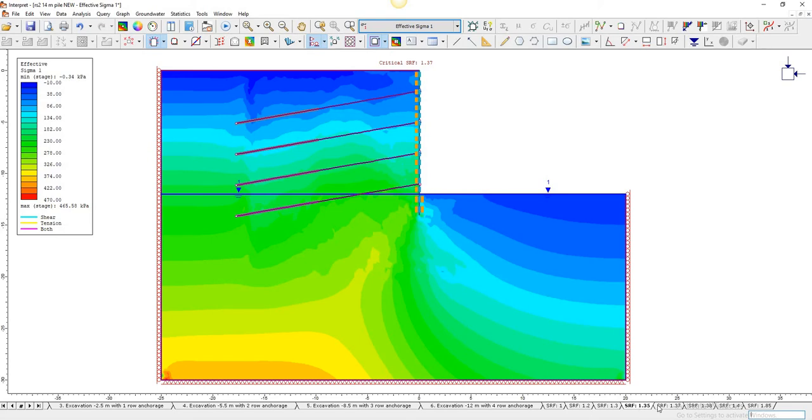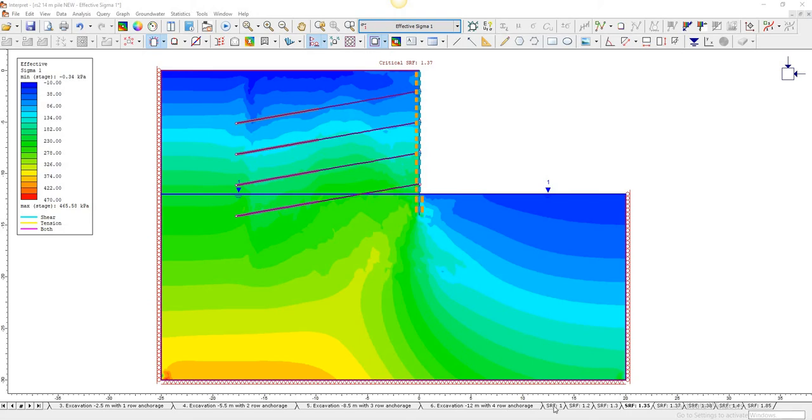So both the peak and the residual strength that we have specified for the NC and OC clays are reduced for a particular SRF value, and what you see is actually the parameters have been reduced to a certain shear strength reduction stage.